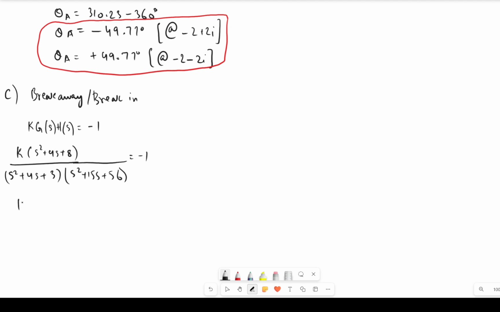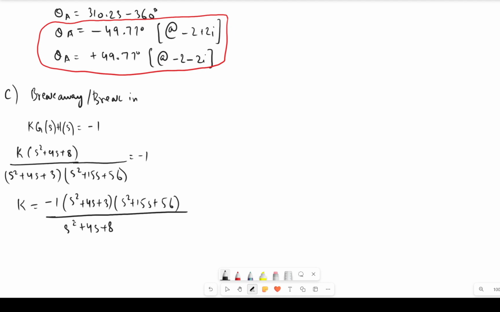And now we will solve for k, which means it will become minus 1 times s squared plus 4s plus 3 times s squared plus 15s plus 56 divided by s squared plus 4s plus 8.